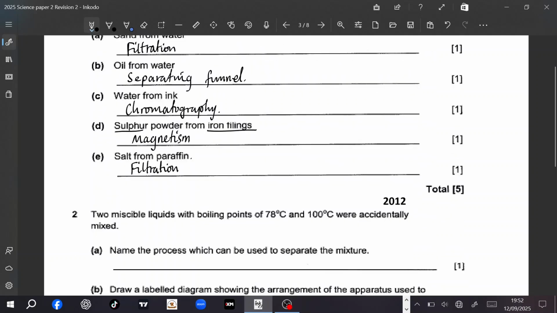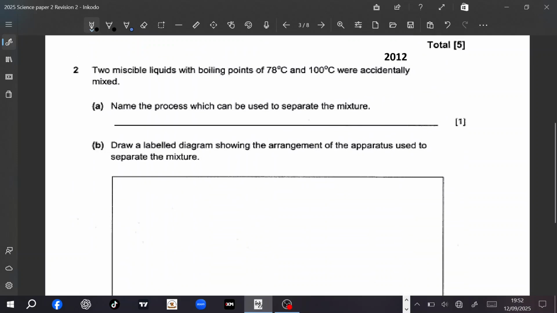So we move on to the next question, which came in 2012. It says two miscible liquids with boiling points.